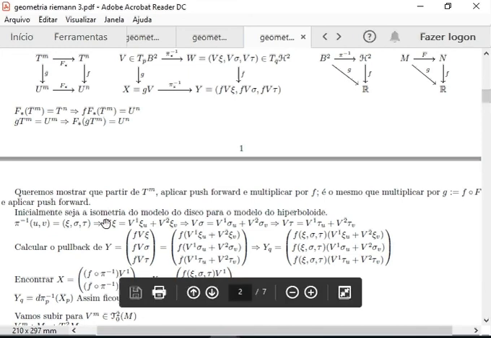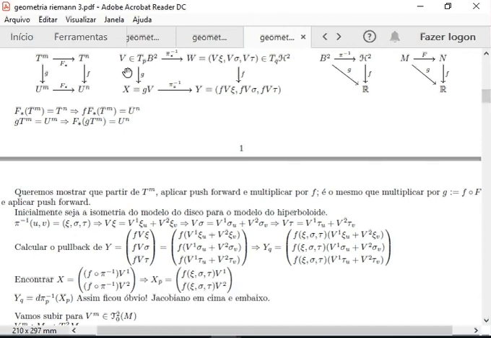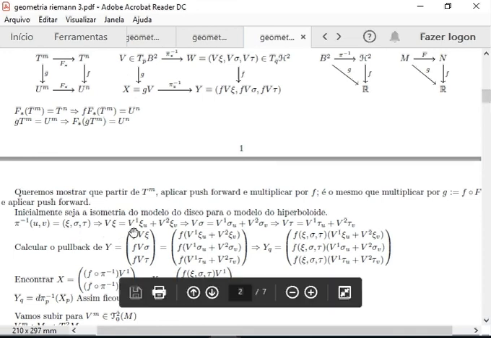Initially, let the isometry of the model of the disk to the model of the hyperboloid. P inverted of U, V is equal to Xi, sigma, tau. Let's see. V Xi is equal to V1 Xu plus V2 Xv.